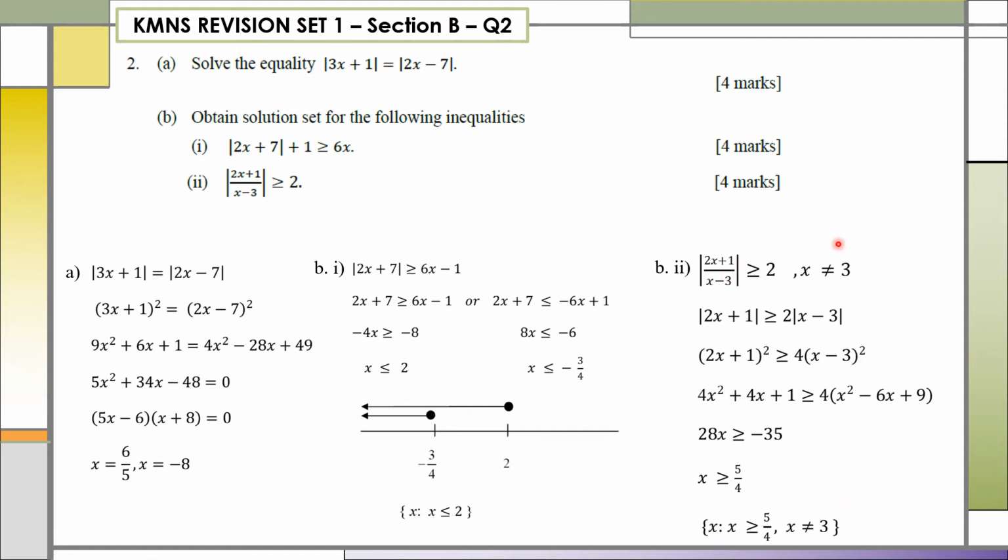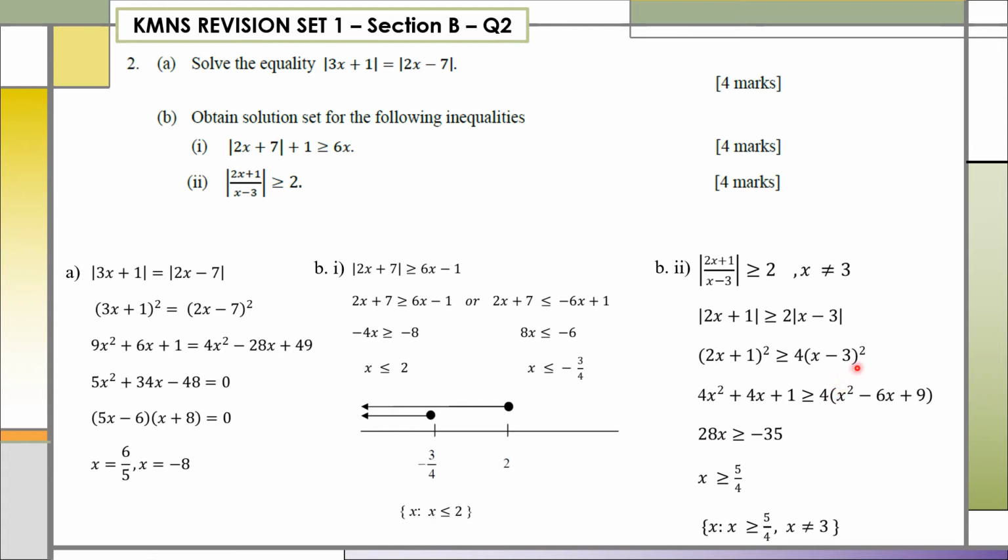Otherwise, you can also use the definition of modulus here, where you can write 2x plus 1 over x minus 3 more than or equals to 2, or 2x plus 1 over x minus 3 less than or equals to negative 2. And then you have to solve both of the inequalities like we did in B1 and combine them using a number line.